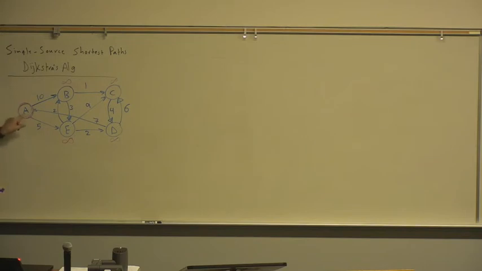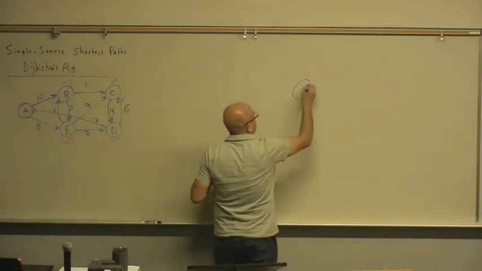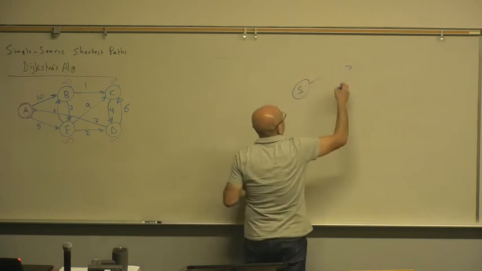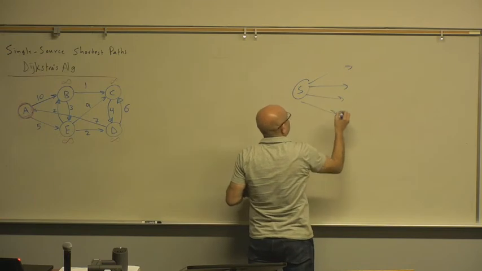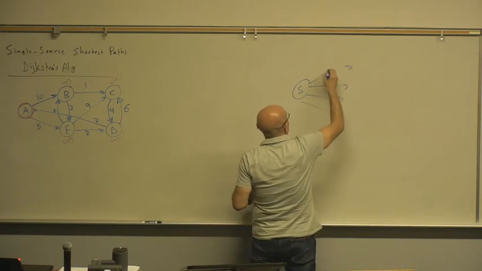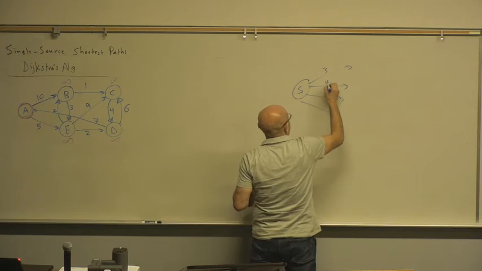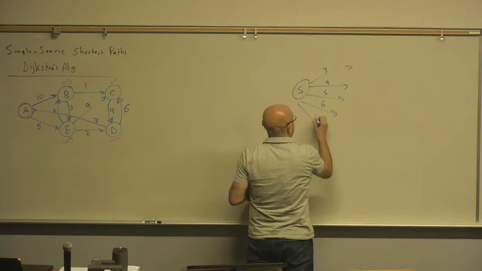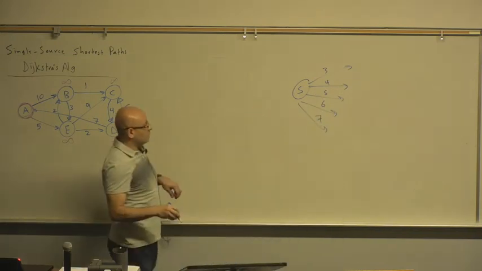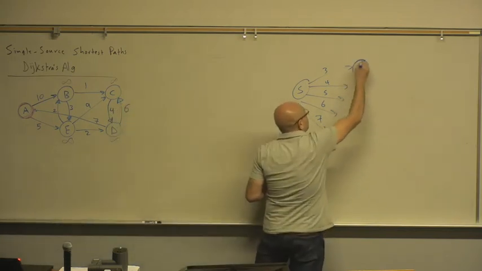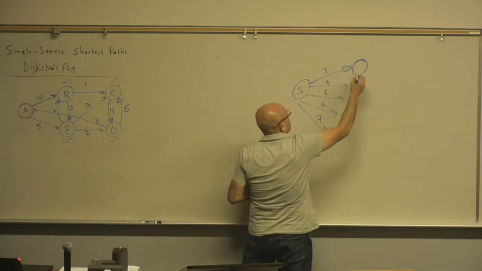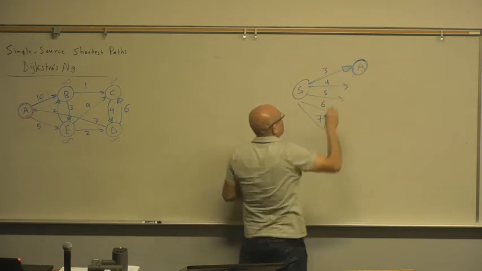But it may be possible to find a shorter path from A to B. Right? So generally speaking, if this is your source, and then you have a bunch of neighbors with distances like 3, 4, 5, 6, 7, then I know that the path with distance 3 is the shortest path to that vertex.